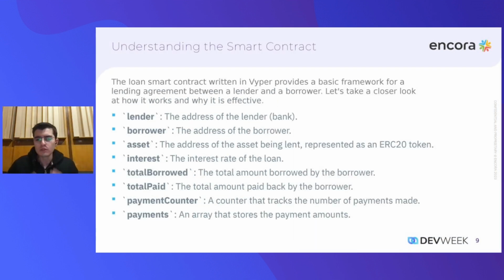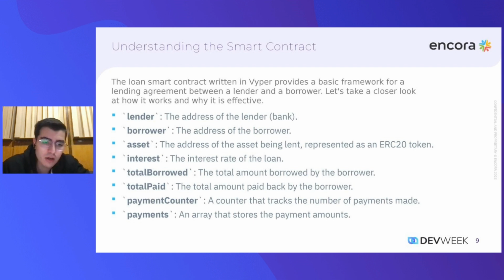Okay, so I'm going to lay out what the smart contract for a loan is going to be. I'm going to write the smart contract using Vyper. The smart contract is going to have these state variables. We have a lender that is going to be maybe the address of the bank. It's not necessarily a bank, but we are going to use that for this example. The borrower, the asset that we are going to lend, which is going to be represented as an ERC20 token.